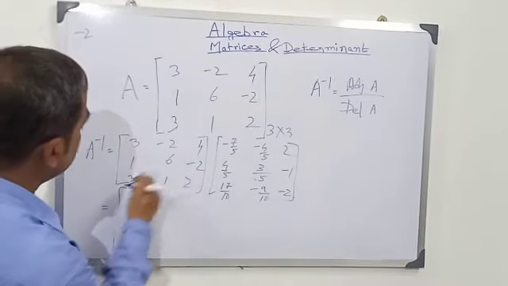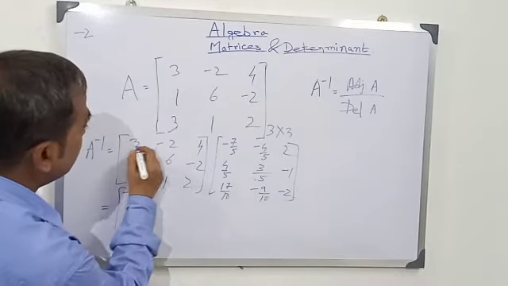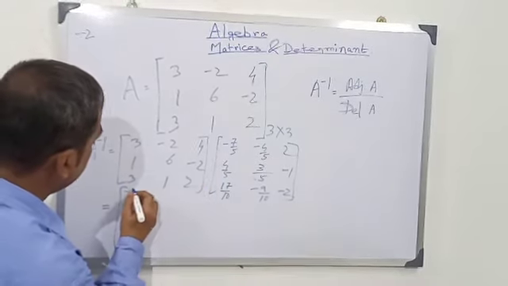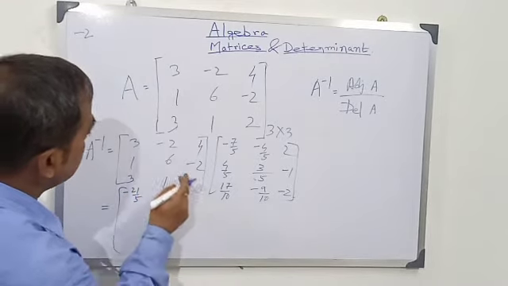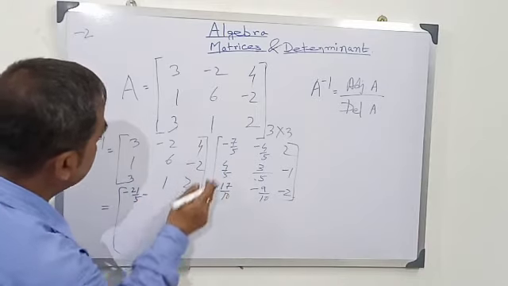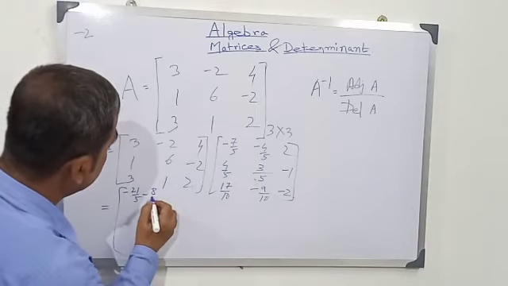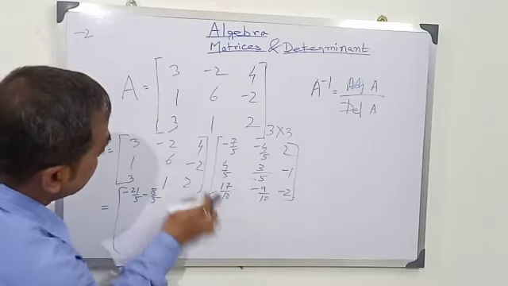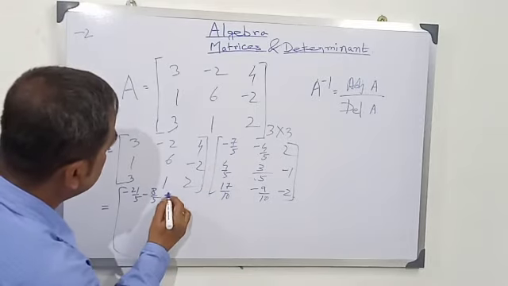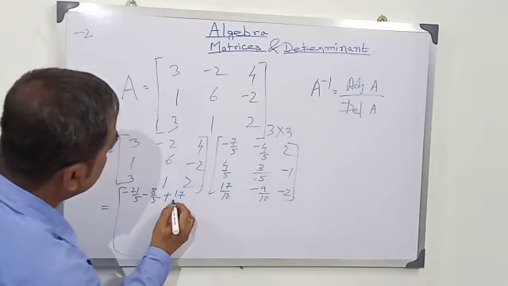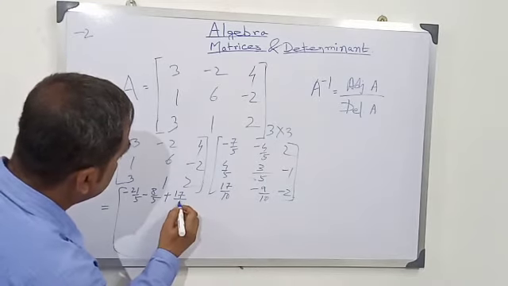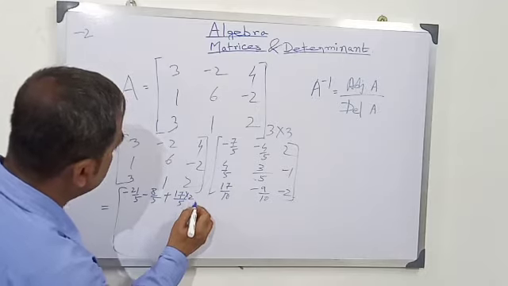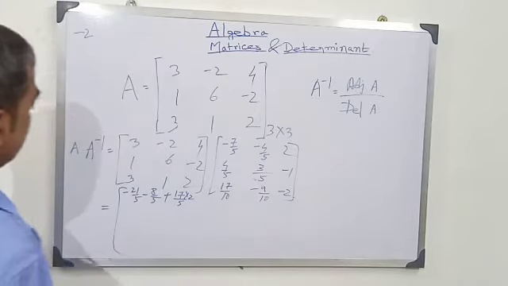Now this into this becomes minus 21 by 5. This into this also becomes minus 8 by 5. This into this becomes plus 17 into 4 by 10, that is 17 into 2 by 5. This is the first element.